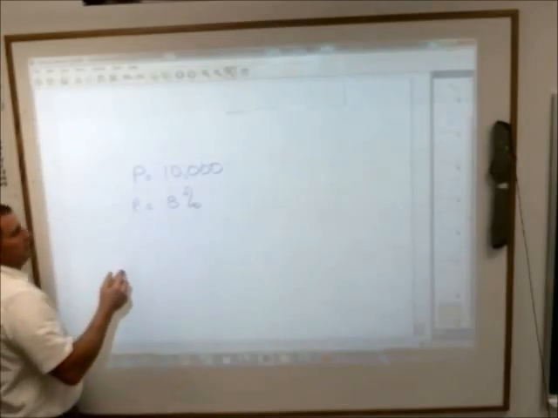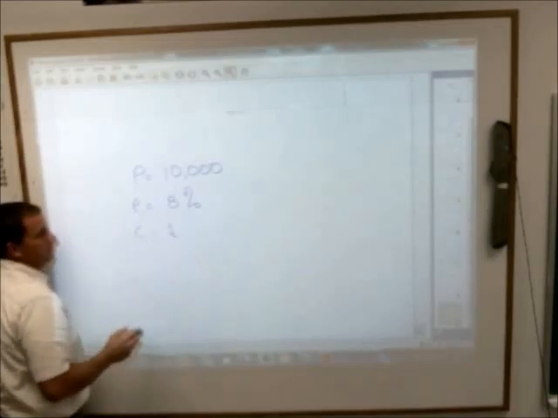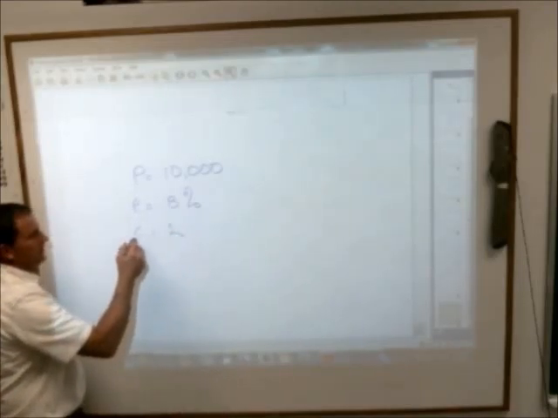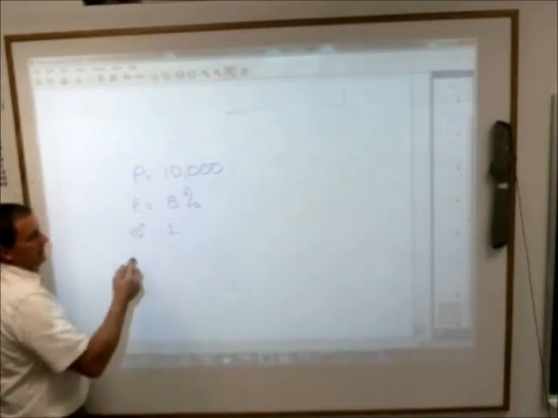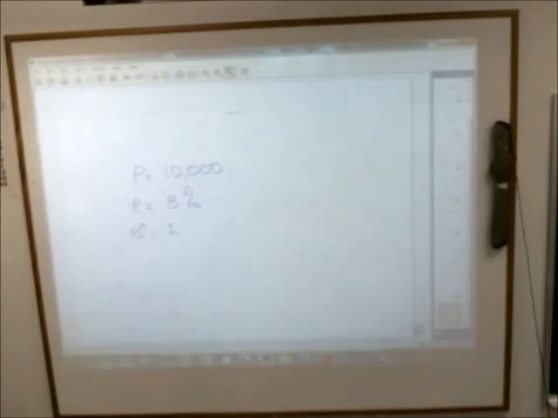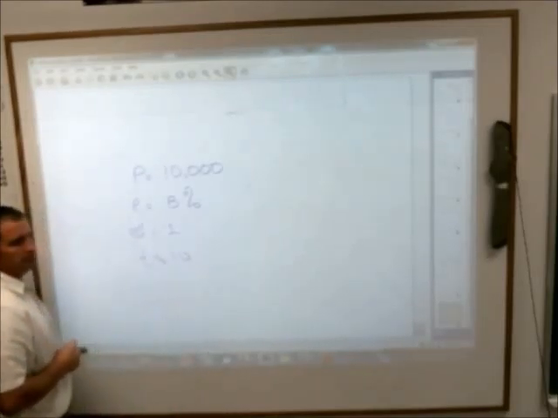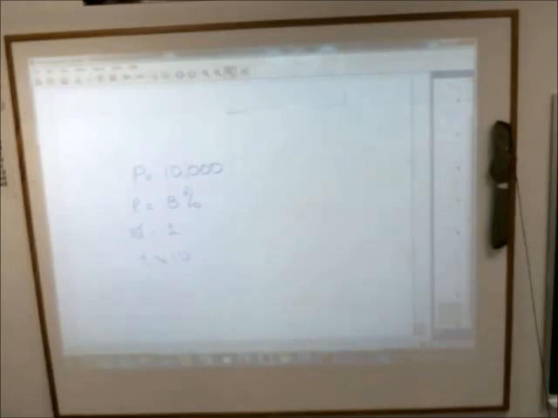It's going to be compounded just annually, one time. And let's say you want to buy a house. How old will you be when you want to buy a house? Let's say that's another 10 years. So in 10 years, when you're old enough, 24 years old, you want to buy a house. If you stick that in the bank, how much will you have?